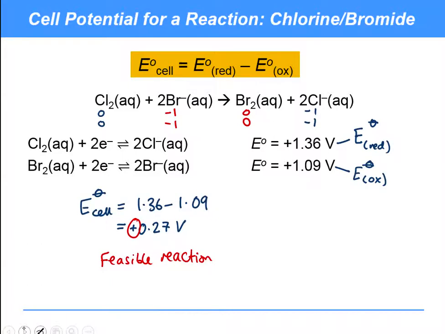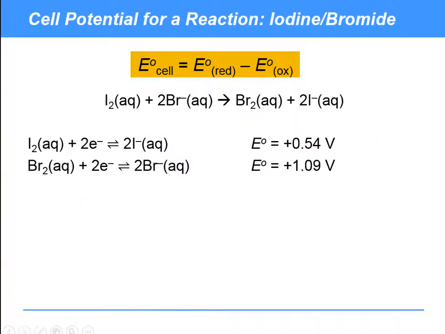Okay, let's calculate the expected cell potential for this iodine-bromine reaction, which in the last video we showed was not feasible. Let's see how things change. Again, it's a very similar reaction. We've got the iodine here being reduced, so this is E standard of the reduced species, and the bromine is being oxidized, so this is E standard for the oxidized species.